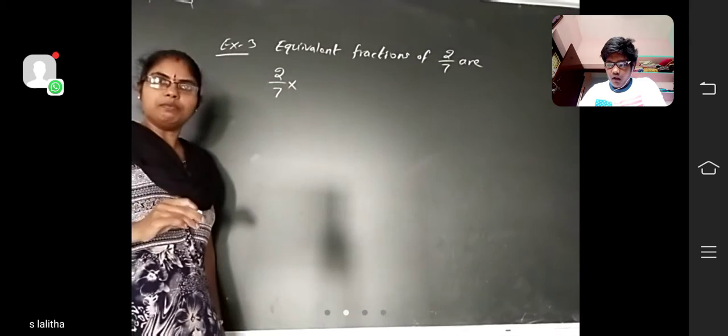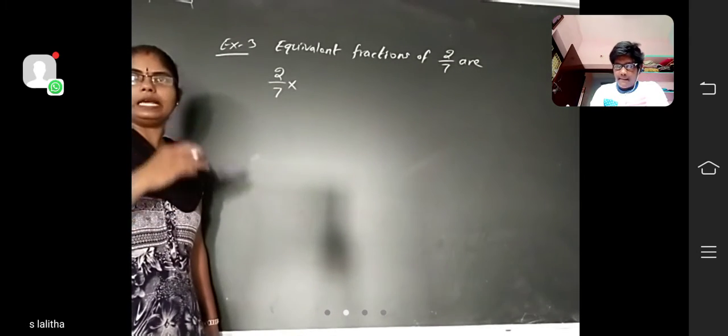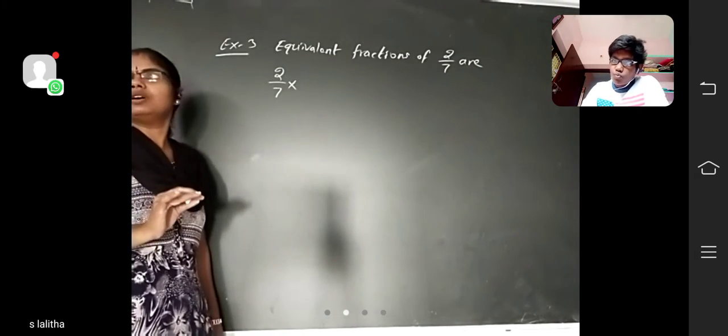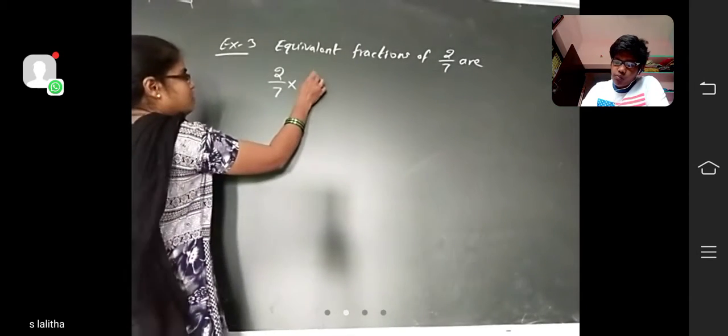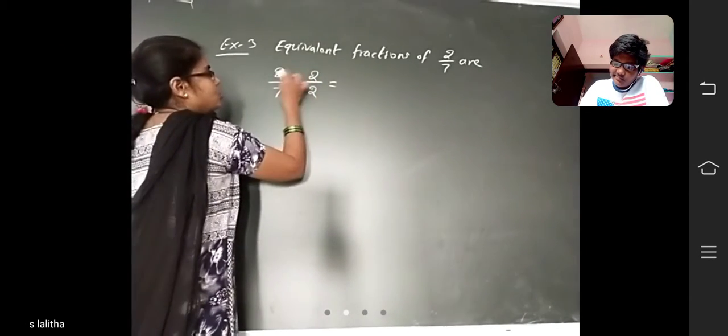So what is an equivalent fraction, as I told you? You can multiply both numerator and denominator by the same number. Okay. You can take any number as you wish. Suppose 2 by 2. 2 2s, how much?